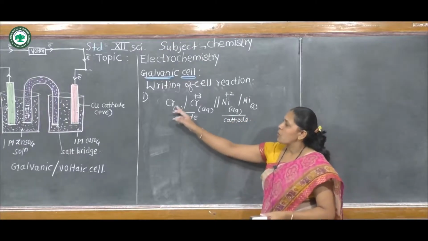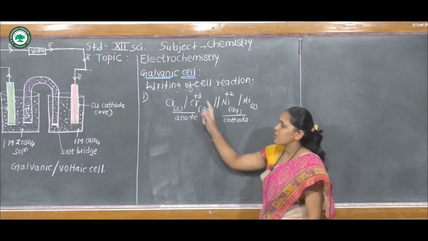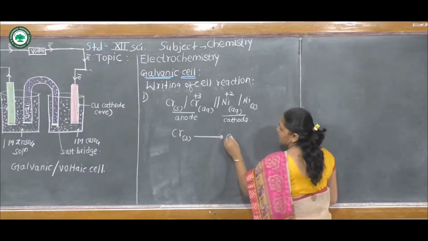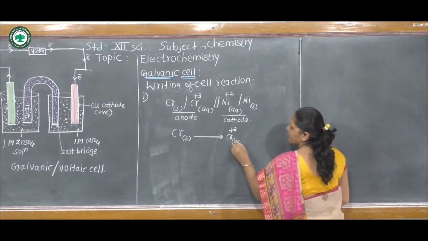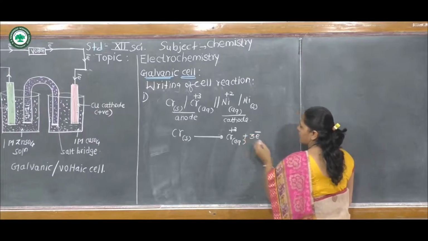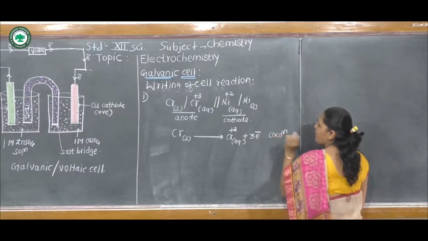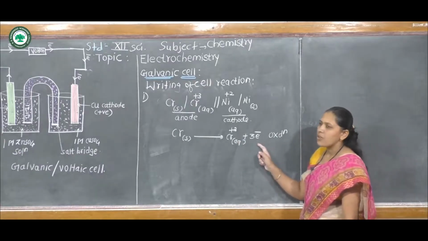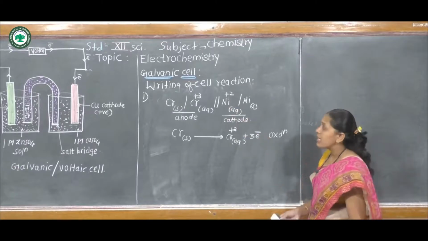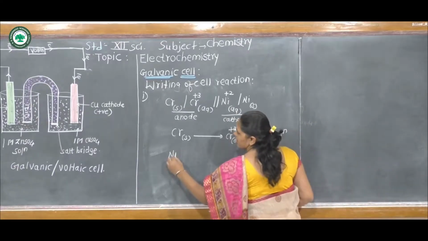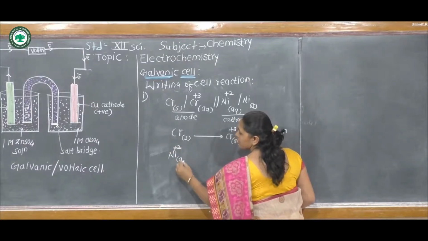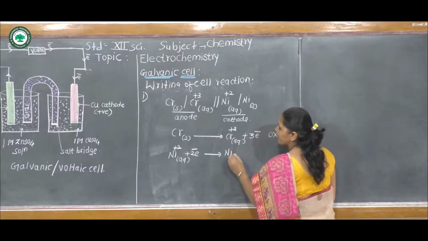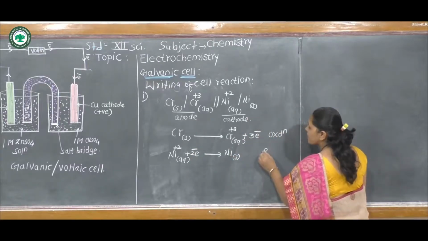At anode, chromium undergoes oxidation by loss of 3 electrons: chromium gives chromium plus 3 plus 3 electrons. This is oxidation half reaction. These electrons lost by chromium metal are accepted by nickel plus 2 ions. Nickel plus 2 ions accept only 2 electrons and get neutralized. This is a reduction half reaction.